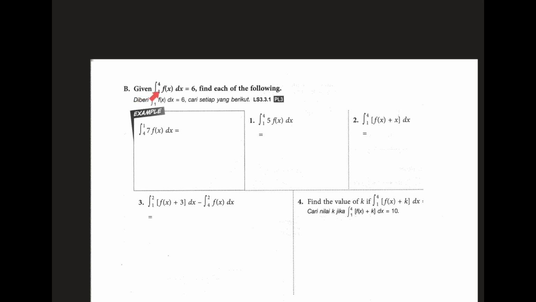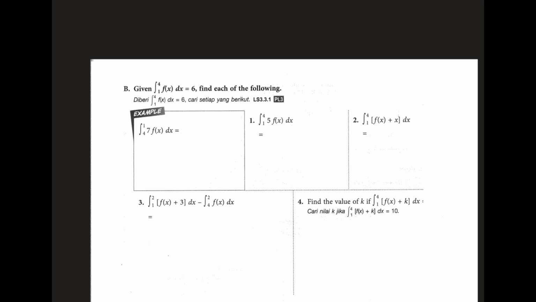Given integration of 1 to 4 f(x) equal to 6, find each of the following. Let's see this one. Integration from 4 to 1, 7f(x) dx.